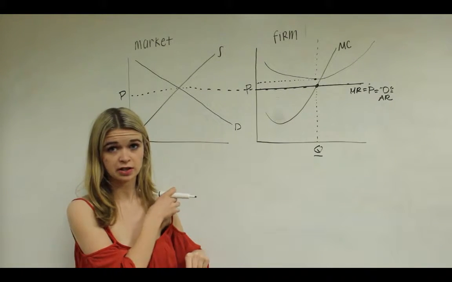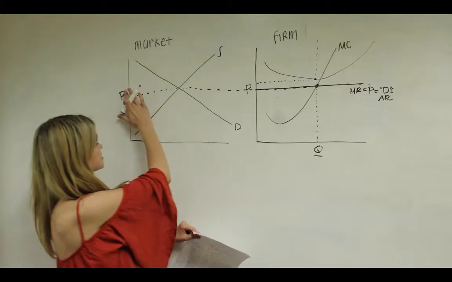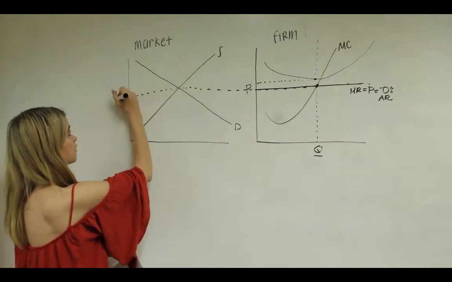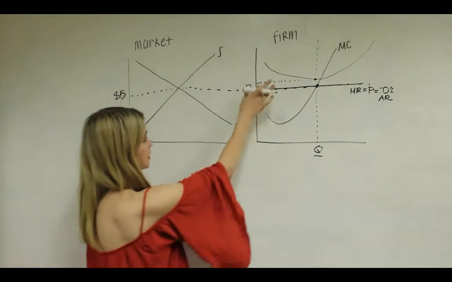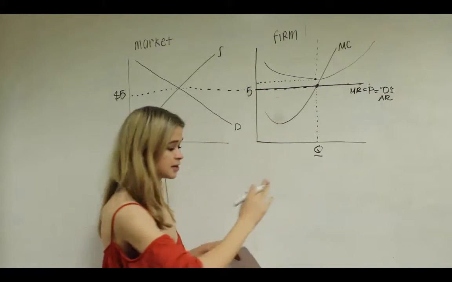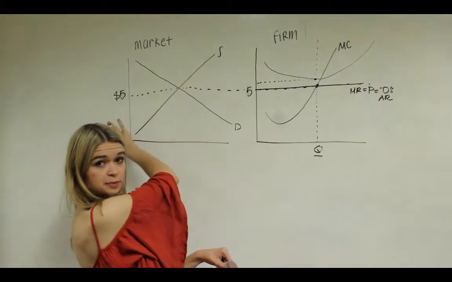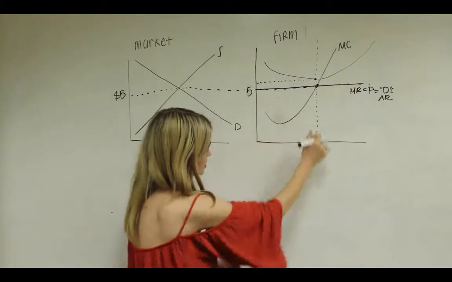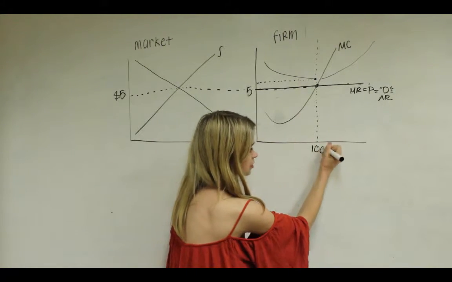All right, so let's try to do this with numbers now. Let's say that the price set in this market was $5. So we take that $5, that's where our marginal revenue is. And again, I picked an arbitrary price based on this market. I'm going to pick a quantity. Let's say this intersects at 100.